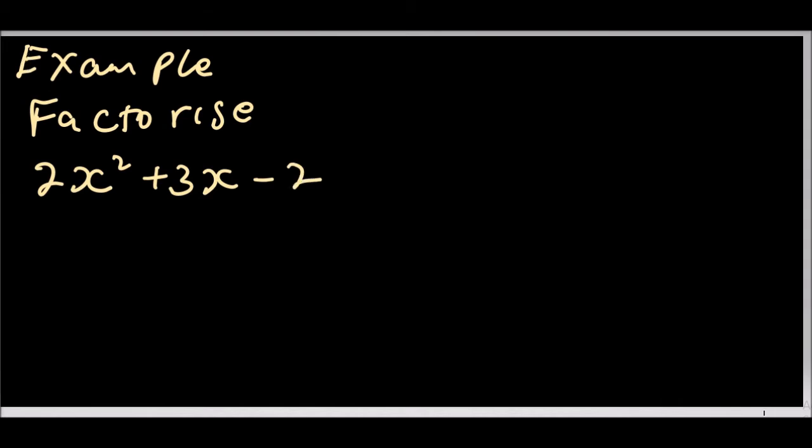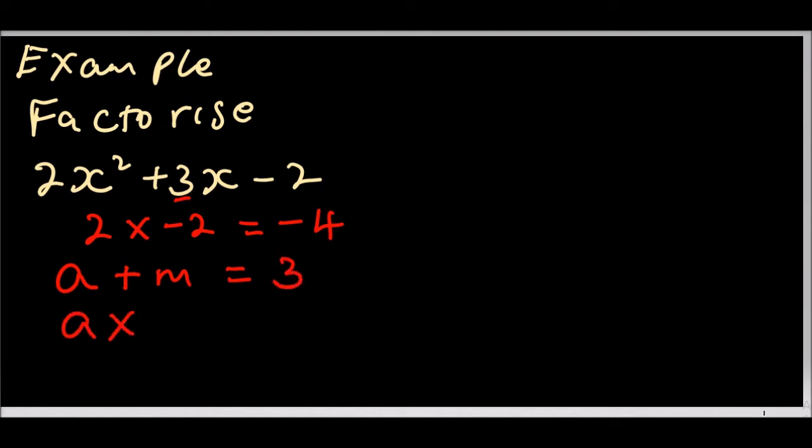To be able to factorize this, we have said that we need two numbers such that, so we multiply 2 by minus 2, that is going to give us minus 4. So we get two numbers, m and n, that should add up to the coefficient of x, which is 3. When you multiply the two numbers, it should give us this product, which is minus 4.